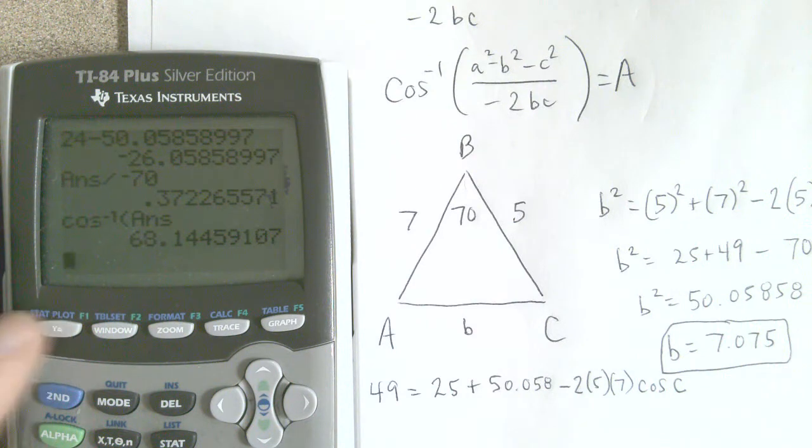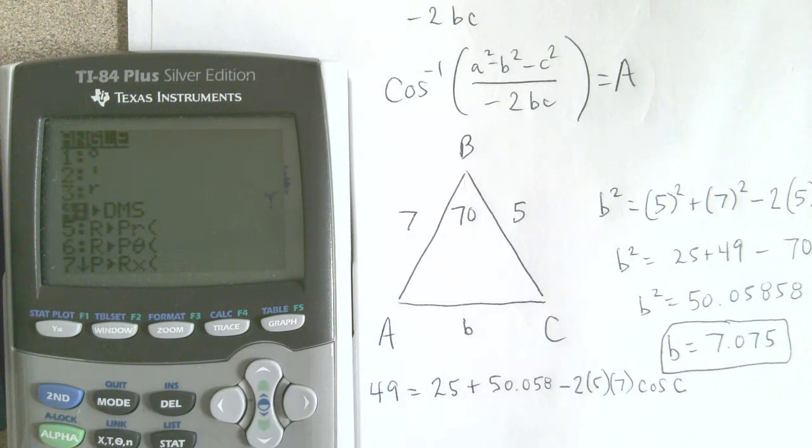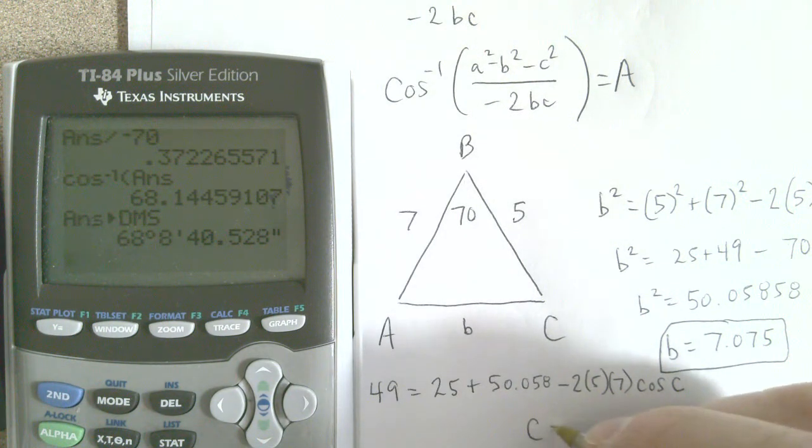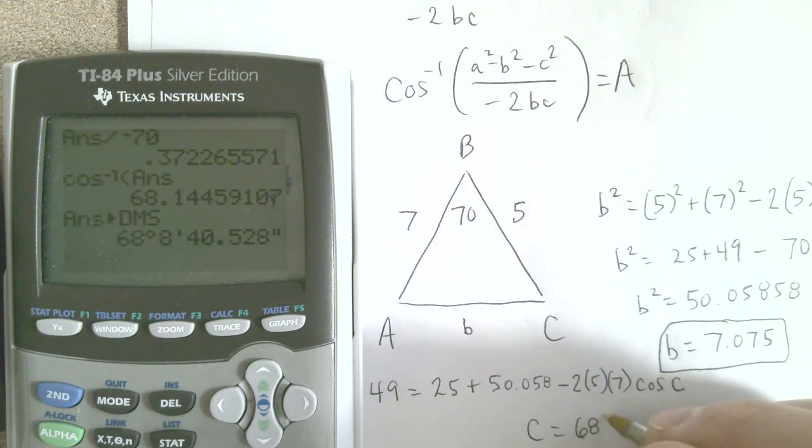I'll change that to degrees, minutes, and seconds, and that gets me 68 degrees and 8 minutes. So C is 68 degrees, 8 minutes. Actually, I'm going to round that up to 9 minutes.